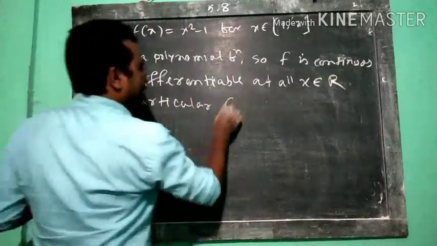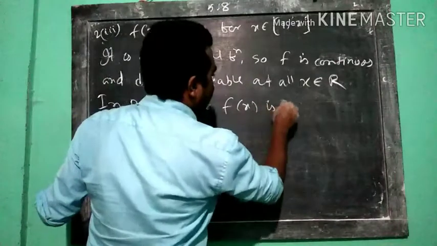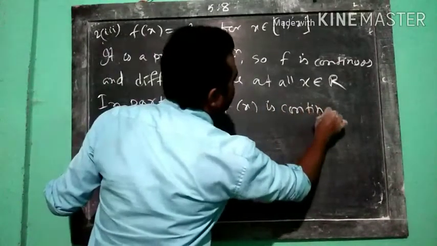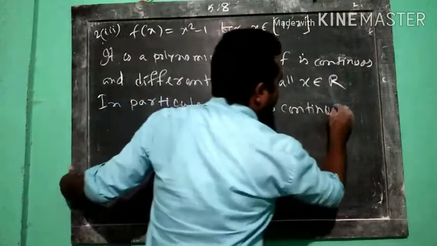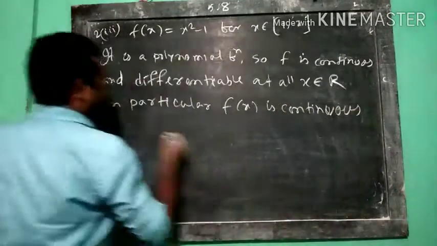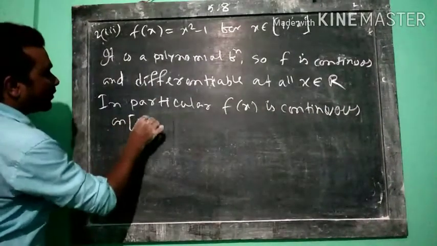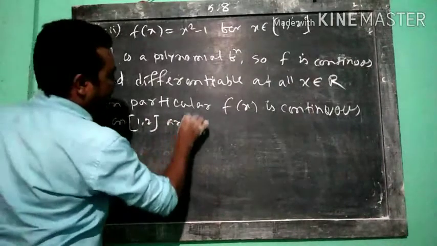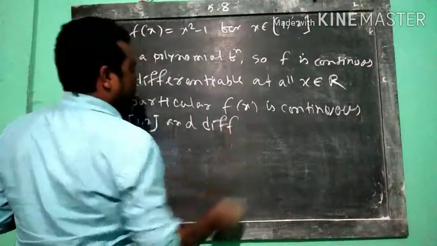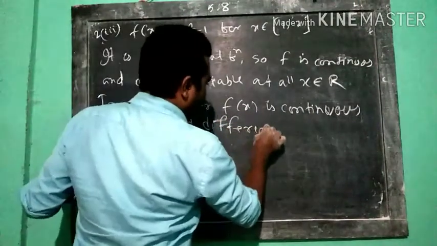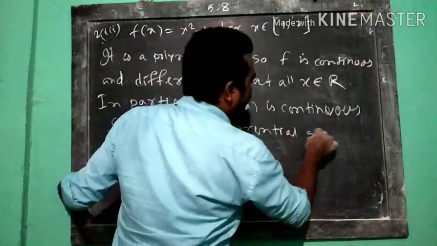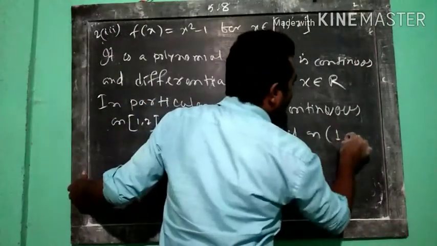In particular f(x) is continuous on the closed interval [1, 2] and differentiable on the open interval (1, 2).